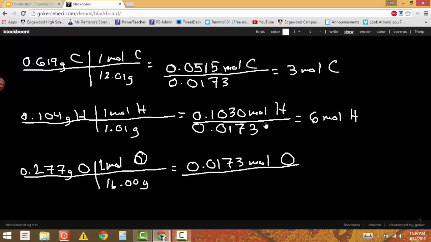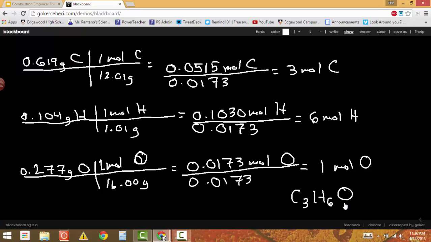Otherwise, you have to multiply everything through by a common factor. And then finally, 0.0173 divided by 0.0173 is 1 mole of oxygen. So my empirical formula is C3H6O.